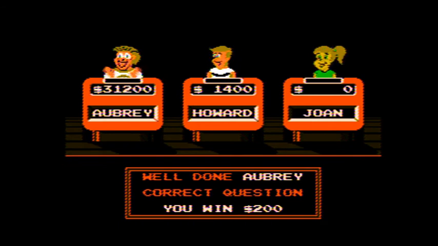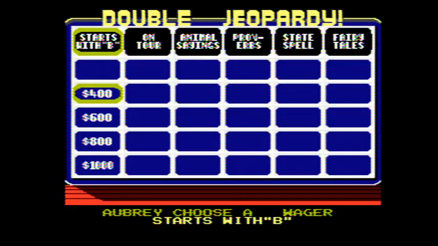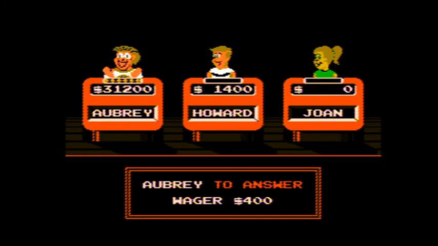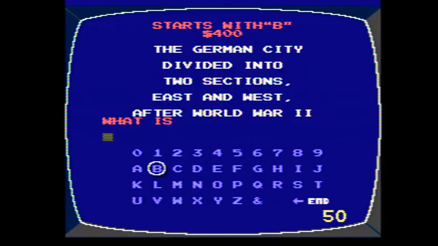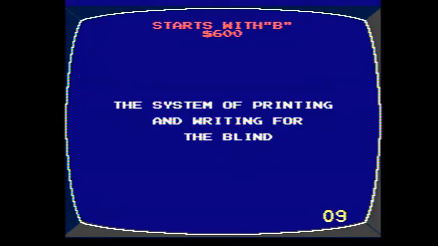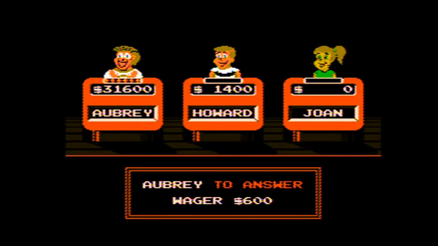400. German city divided into 2 sections, east and west after World War II. What is Berlin? 600. A system of printing and writing for the blind. What is Braille?